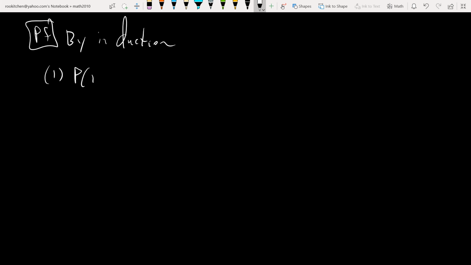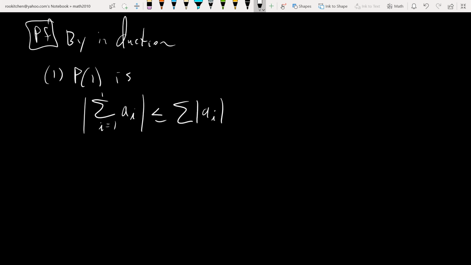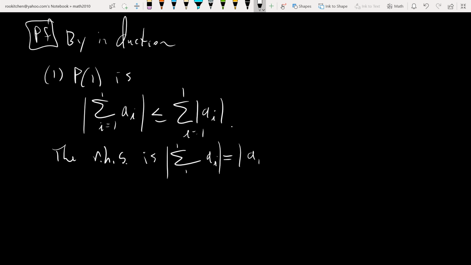P of 1 is this: the absolute value of the sum from i equals 1 to 1 of a sub i is less than or equal to the sum of the absolute value of a sub i from i equals 1 to 1. The left hand side is the absolute value of the sum from i equals 1 to 1 of a sub i, which will just equal the absolute value of a sub 1.